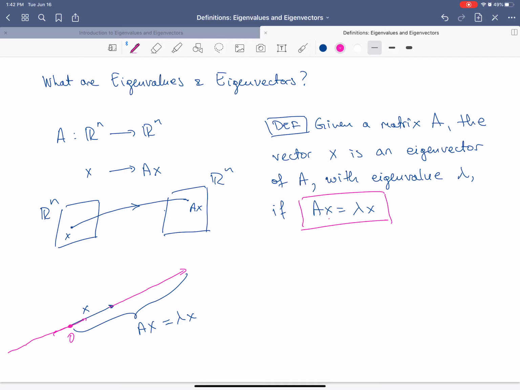The vector x is what we refer to as an eigenvector. So when we work with an eigenvector, we know that multiplication by A will just make the vector longer or shorter, and by how much longer or shorter, or maybe change direction to the opposite direction, is given by the eigenvalue lambda.